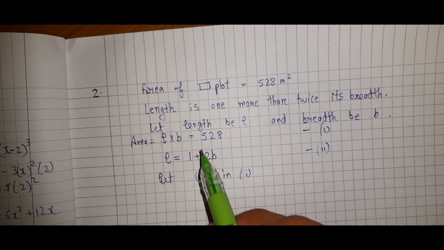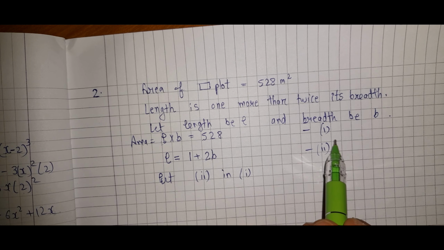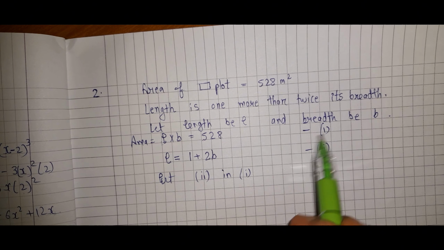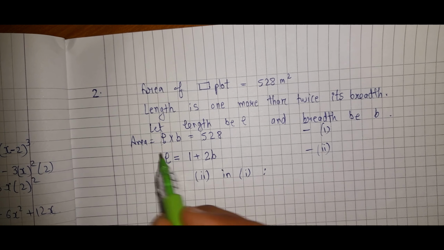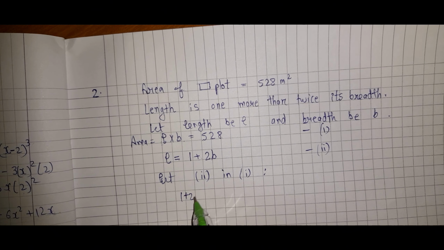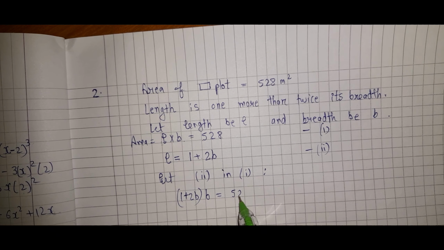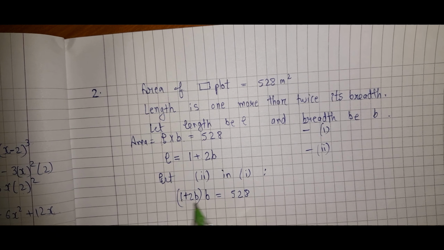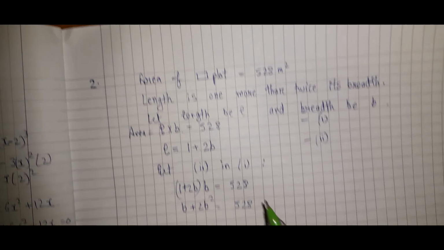To find a quadratic equation, we need to put the second equation in the first one. So we will have L into B becomes (1 plus 2B) into B equals 528. Here 1 into B becomes B, plus 2B into B, that is 2B square, 528 as it is.